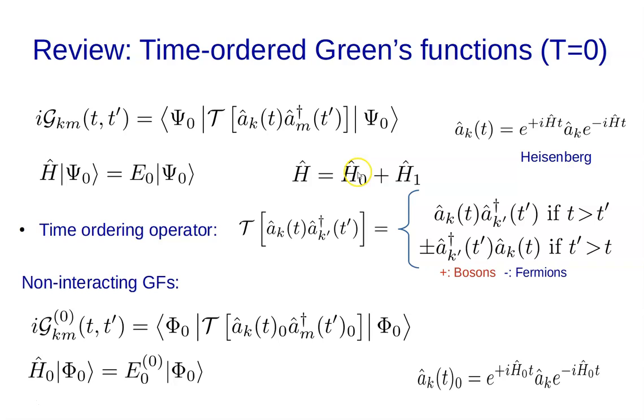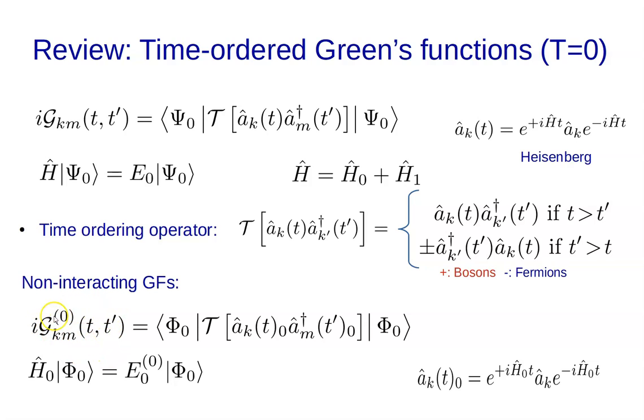The non-interacting case is when you have only H naught, a quadratic Hamiltonian in our model, which you can in principle diagonalize to get the spectrum. You then know the ground state, H naught acting on phi naught, and you might even know a few of the excited states as well. But here we're at zero temperature, so we're looking at the ground state.